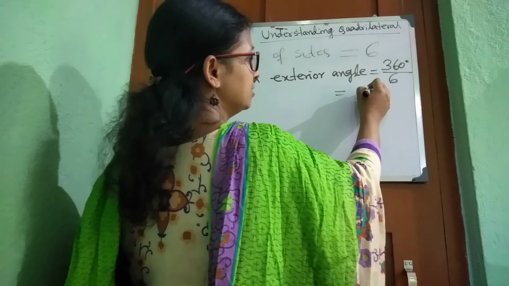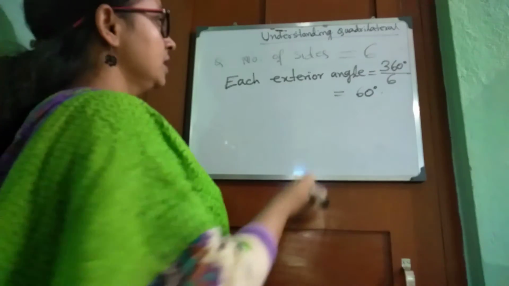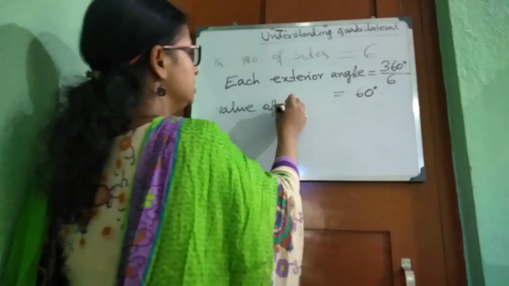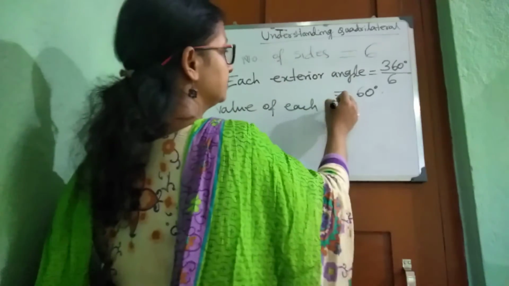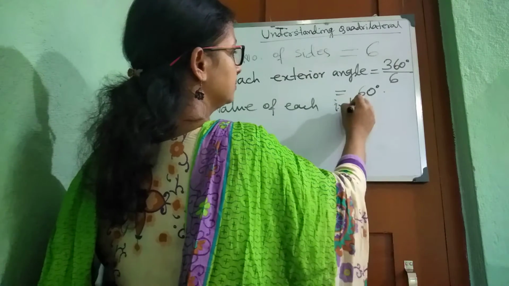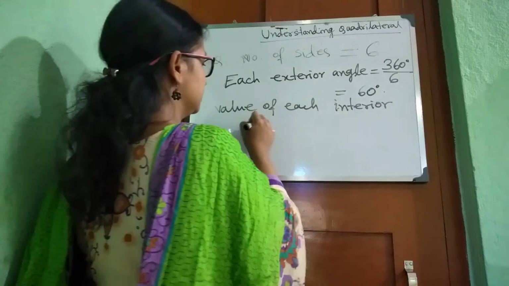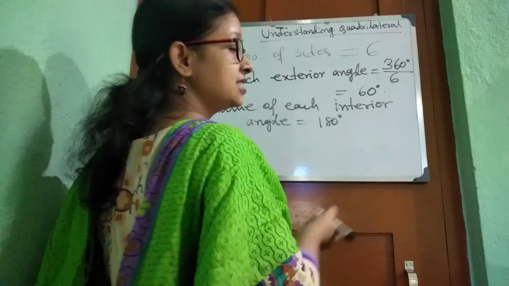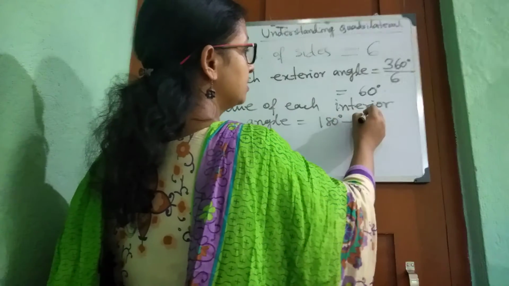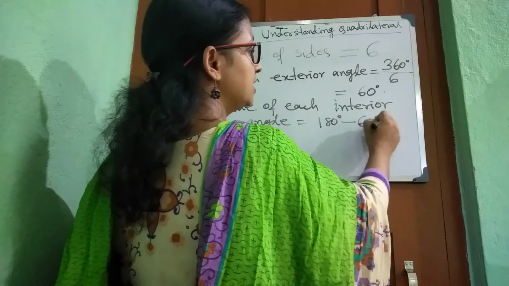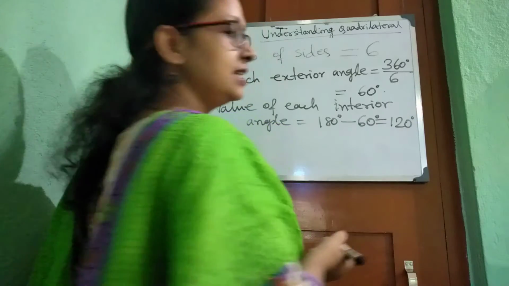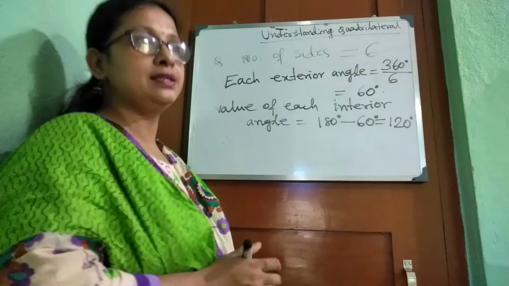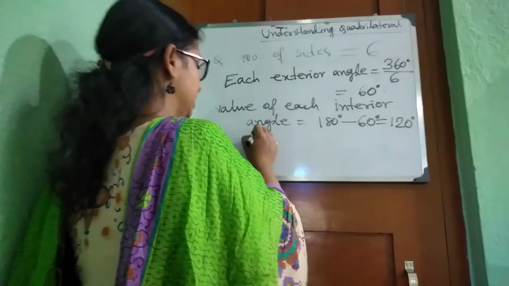So you will get 60 degree. Then each interior angle: we know the total is 180, so if you subtract 60, the value of each exterior angle, from 180, you will get the value of each interior angle. Okay students, now what will be the name of the polygon? Here the number of sides given is 6, so it is a hexagon.